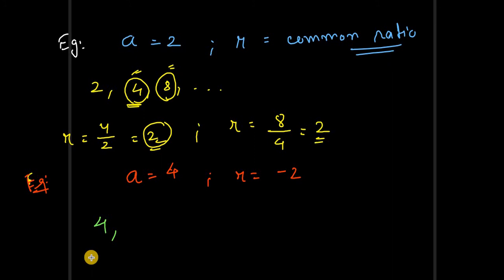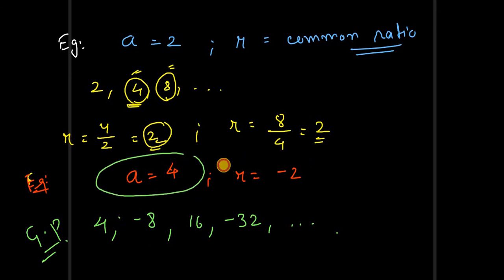The second term we get by multiplying the common ratio with the first term. 4 into -2 will be -8. The next term we get by again multiplying r with the second term, that is -8 into -2, which is 16. Again 16 into -2 is -32, and so on. So this is my geometric progression if my first term is 4 and my common ratio is -2.